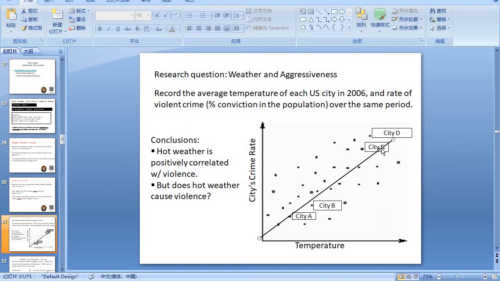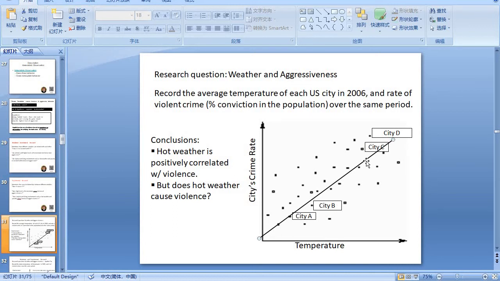So if you find out that these different cities have different crime rates, you cannot confidently trace the difference in crime back only to temperature. There are other possibilities. There are alternative explanations. You have no control over these alternative explanations, like poverty, like number of police in the street.